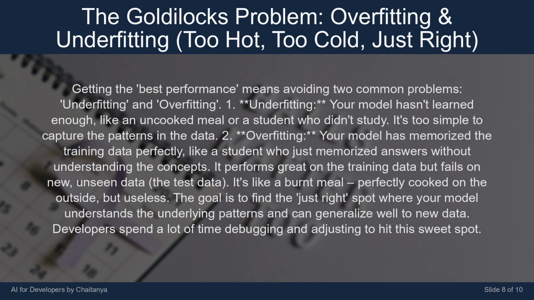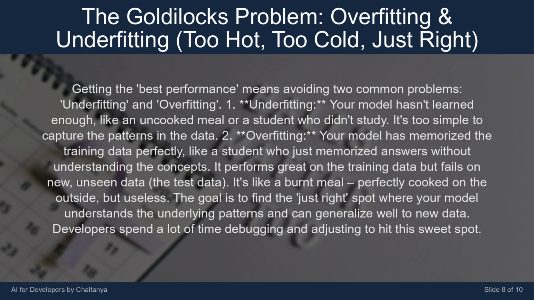Getting the best performance means avoiding two common problems: underfitting and overfitting. 1. Underfitting. Your model hasn't learned enough, like an uncooked meal or a student who didn't study. It's too simple to capture the patterns in the data. 2. Overfitting. Your model has memorized the training data perfectly, like a student who just memorized answers without understanding the concepts.